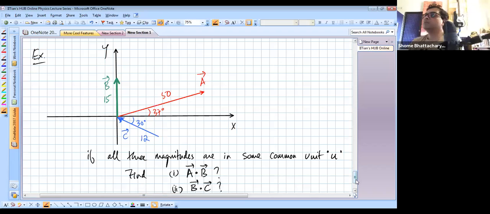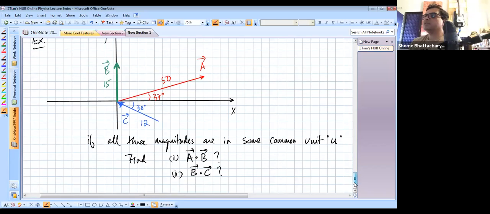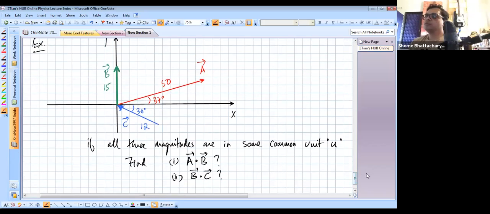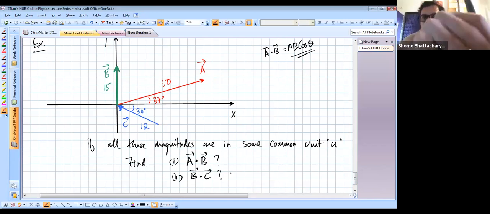So I'd like everybody to try and get this question correct. You can refer to the previous question if you like, or you can just refer to the definition of A dot B, which we have discussed. It is magnitude of A into magnitude of B into cosine of theta, where theta is the angle between the two vectors A and B. So all you have to do is apply this and figure out what angles are applicable for each of these two parts. Okay.